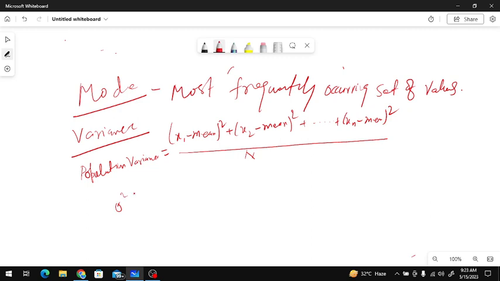Similarly, we can write xi minus mean, squared, divided by n.